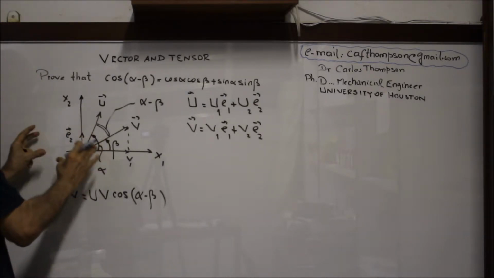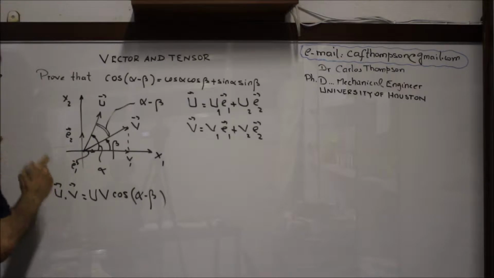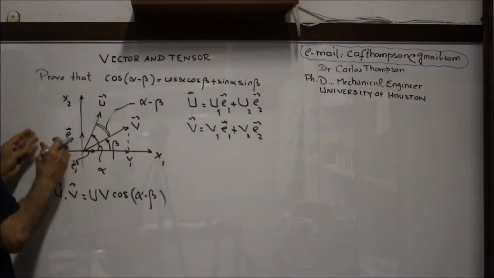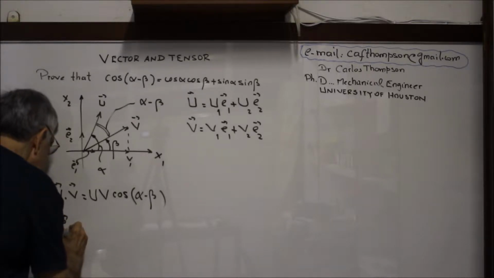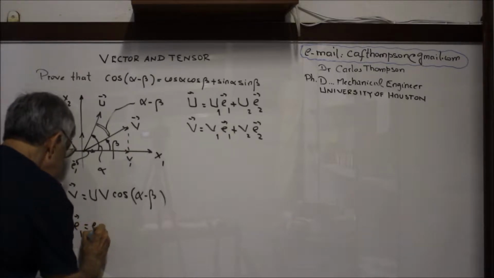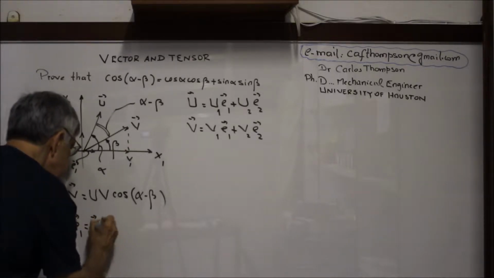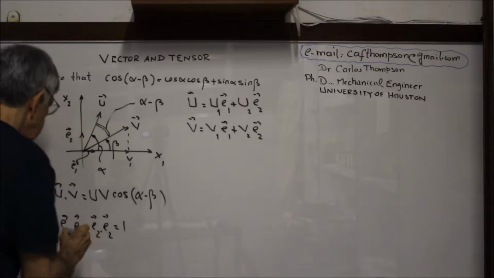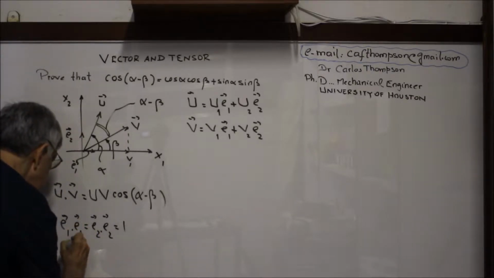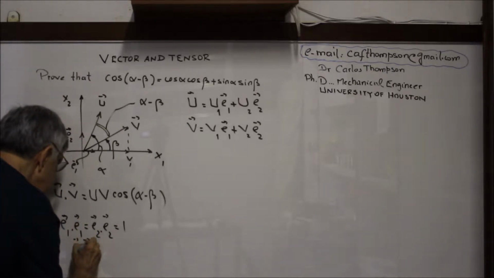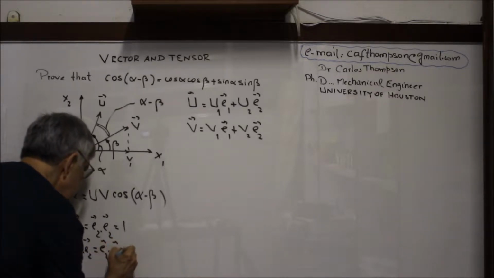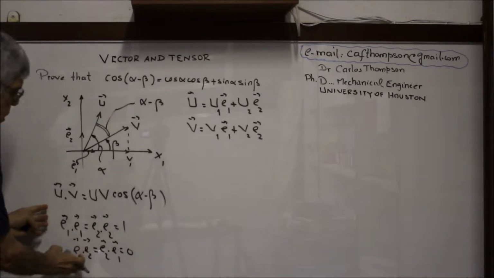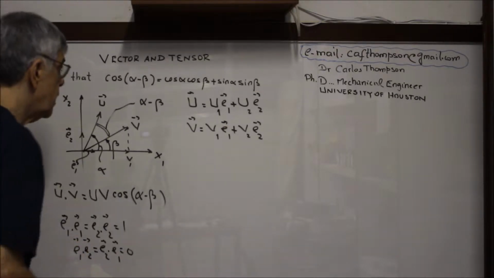See, this is a standard basis. Don't forget that, okay? We are using a standard basis. What is a standard basis? e1 dot e1 is equal to e2 dot e2 is equal to 1. Then e1 dot e2 is equal to e2 dot e1, which is 0. This is what we call a standard basis.